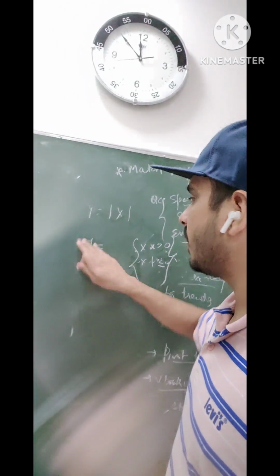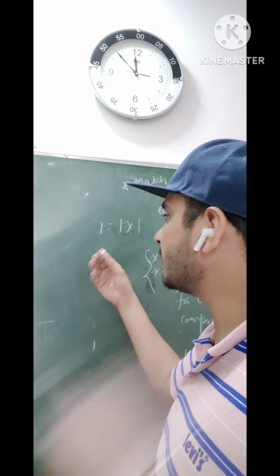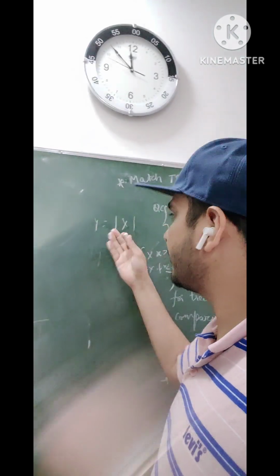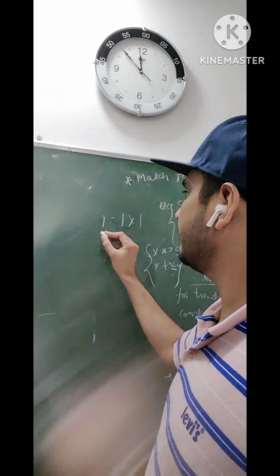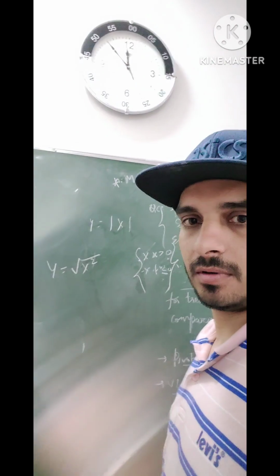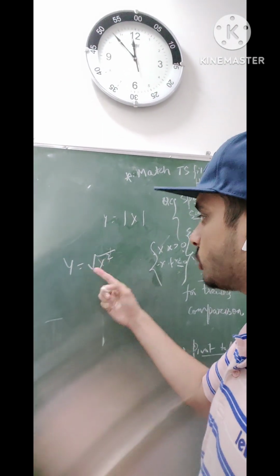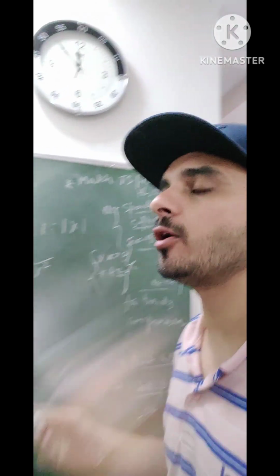You got my point. Now let me tell you how we can derive this. What should be the formula to derive this? Basically we can write it as y equal to square root of x square. See, square root of 9 is what?